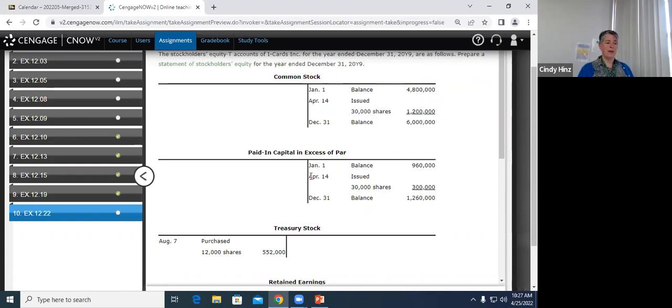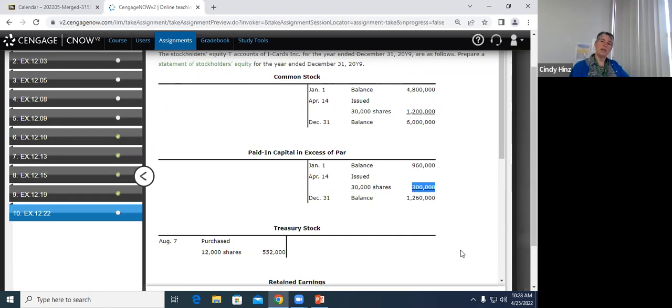And if we look down here in the paid in capital in excess of par, the additional paid in capital account for the common stock, we know that we sold it for more than its par value. The par value, 1.2 million, was added to the common stock account, and the rest, the other 300,000, was added to the additional paid in capital account. In other words, we sold the stock for $1.5 million.